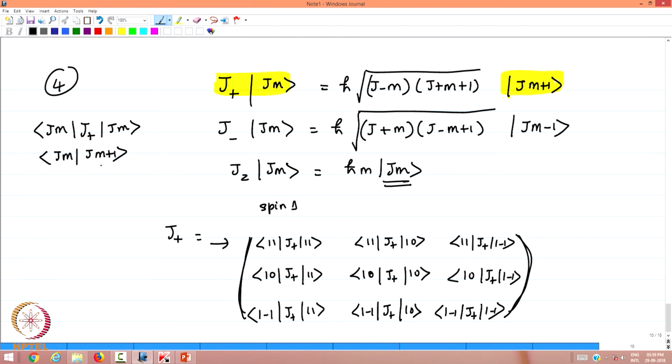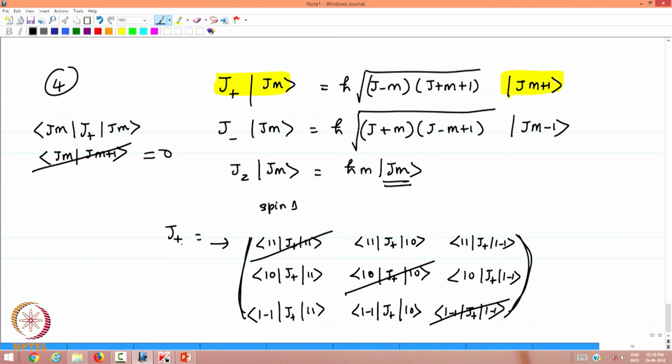Therefore, that is orthogonal and this is 0. So, you can see immediately that the 3 diagonal elements are 0, and the second is that j m and j m on this side m plus 1, the difference between the two is only 1, plus 1 or minus 1. In the case of j plus operator, it is always plus 1 from left.